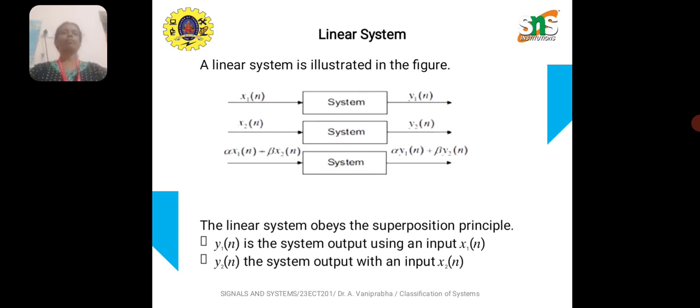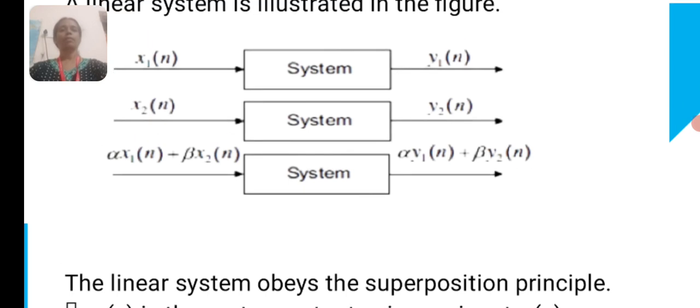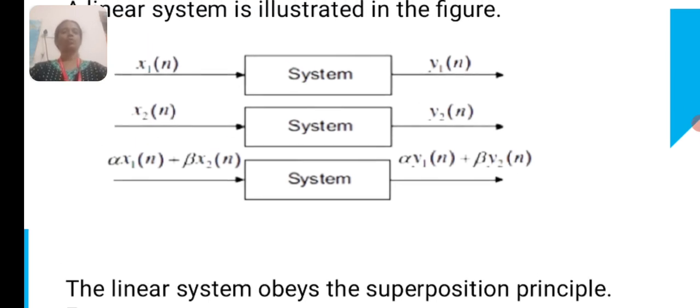Next comes the addition of those two signals. What is it? x1 of t plus x2 of t, which is the addition of two signals, as shown here. Since linearity is not only about addition, it also involves scaling.